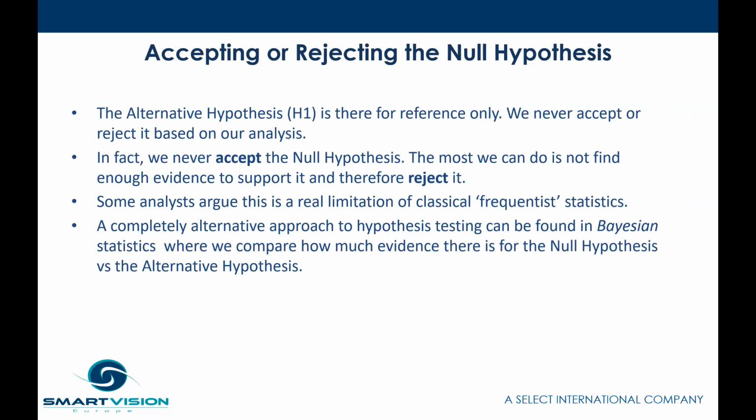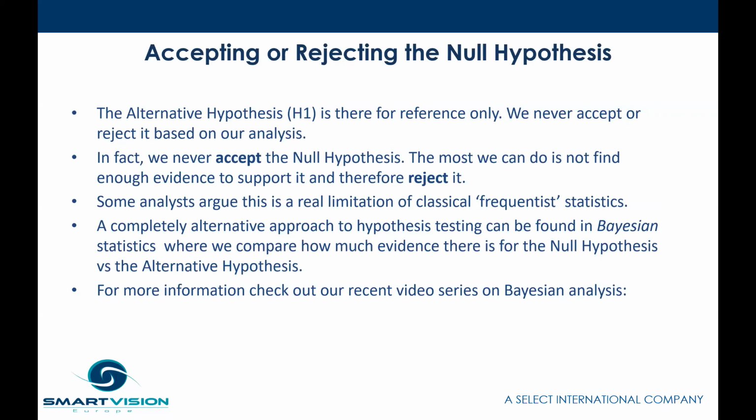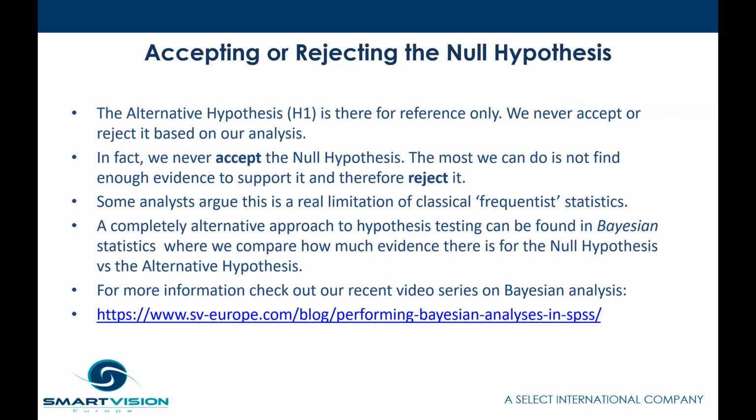Whereas in classical frequentist statistics, you just either reject the null hypothesis or you don't. It's truly one-dimensional. It only goes in one direction. It doesn't go in two directions at once. And we actually have some videos that you might want to look up on the alternative approach, which is the Bayesian approach as opposed to the frequentist approach.